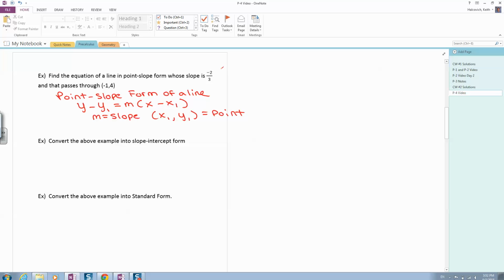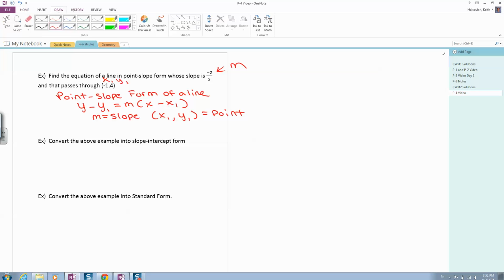So here you have your slope, here you have your x1 and y1. When you substitute those in, you have y minus 4 equals -2/3 times x, and minus a -1 makes it x plus 1. So that is point slope form.